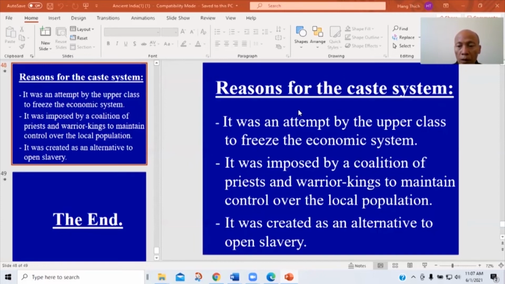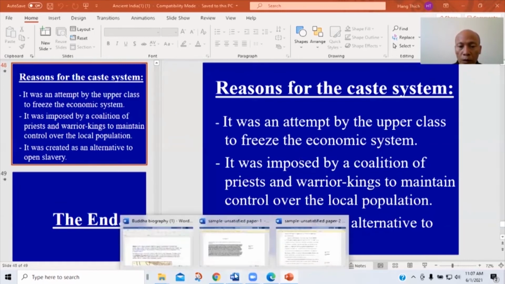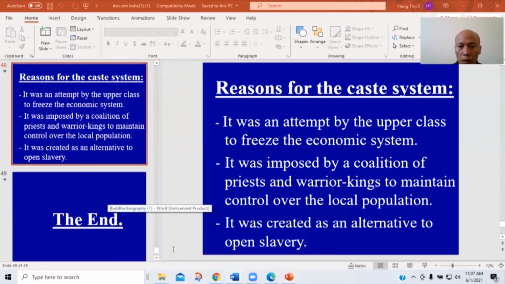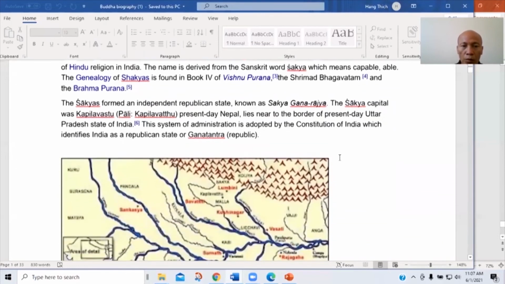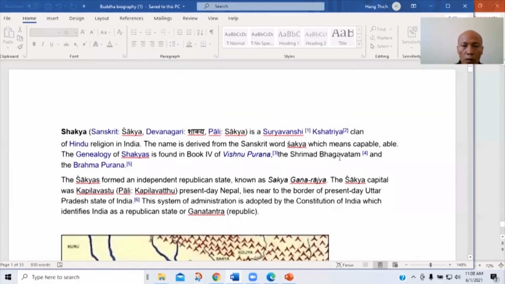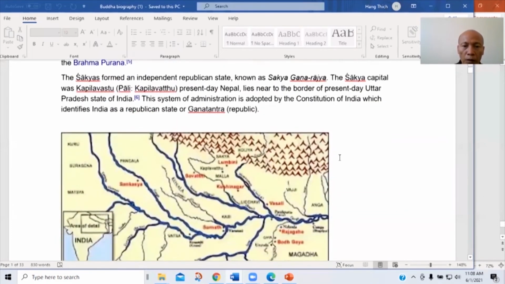So next one, let's move on to the life of the Buddha, as we talk about during this week. The Buddha was born into what we call the Shakya clans of the Hindu region in India.